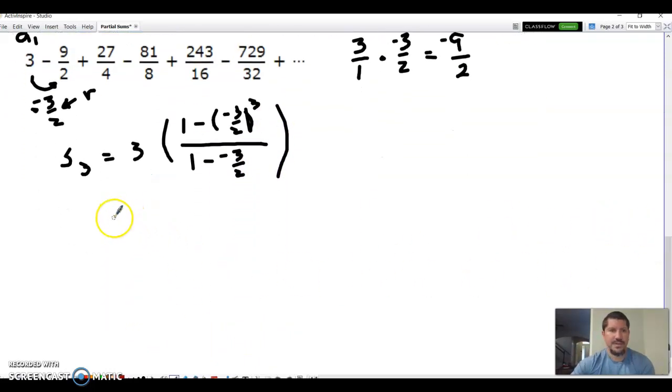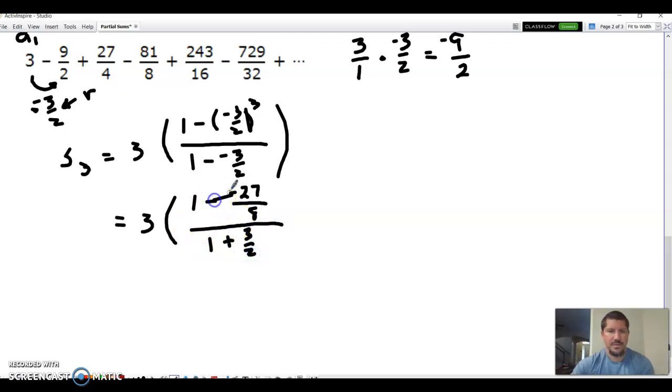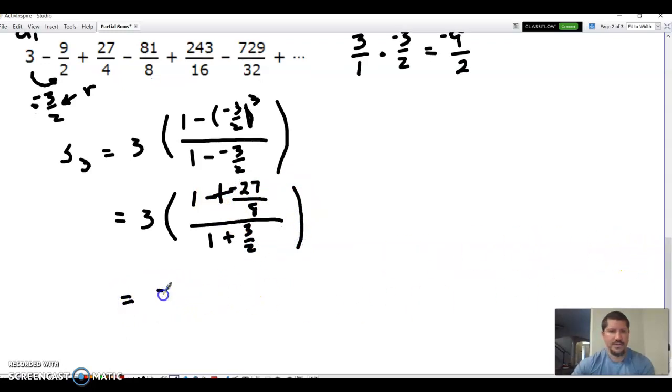Okay, so there is going to be some math in here. So 3, 1 minus, so negative 3 to the third power is negative 27 over 8 over, and we'll call this plus 3/2. So this is 3 times, so that's 8 over 8, so 8 plus 27 is 35 over 8 over 5 over 2.